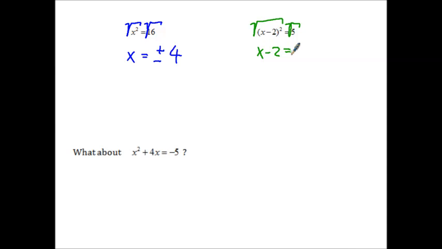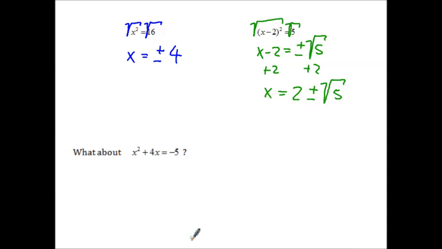On the right, we are again going to have positive and negative, but since the square root of 5 we can't simplify, we're just going to keep it like that. Now we add 2 to both sides of the equation to bring over the 2, and we get x all by itself is equal to 2 plus or minus the square root of 5.